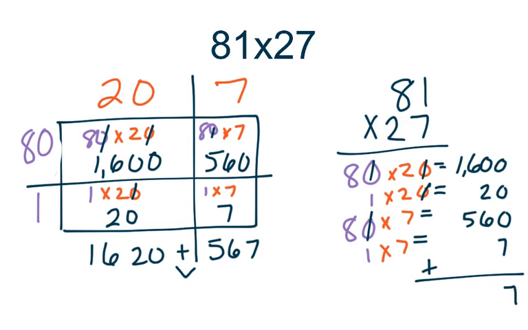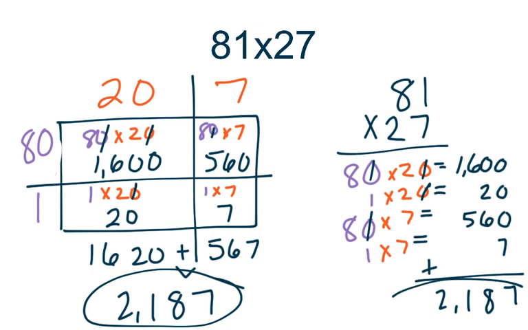I'm going to add all of my partial products over here. And I get 2,187 on this side. When I add all of these partial products over here, I get 2,187, so I get the same product both times using my area method and partial products.